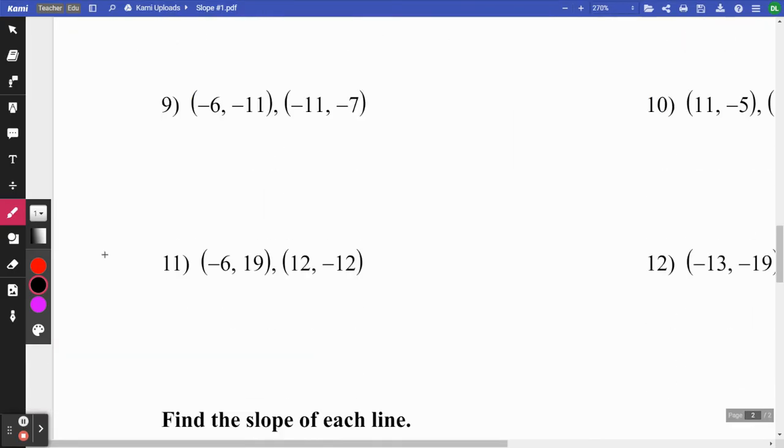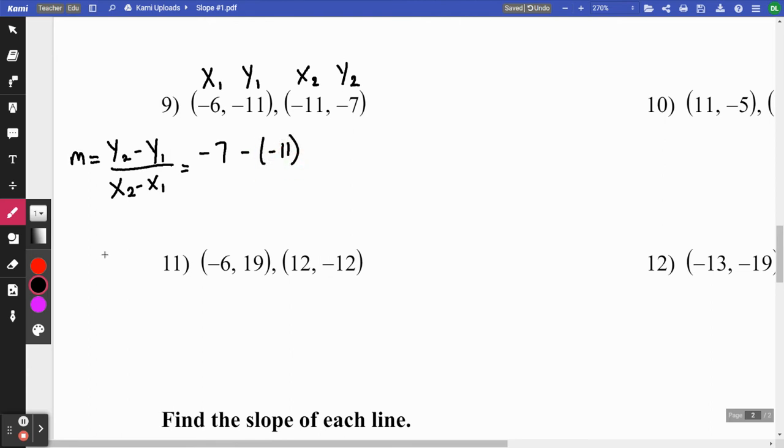All right, so number 9. Go ahead and label x1, y1, x2, y2. Go ahead and write your formula. So that is negative 7 minus a negative 11 over negative 11 minus a negative 6.